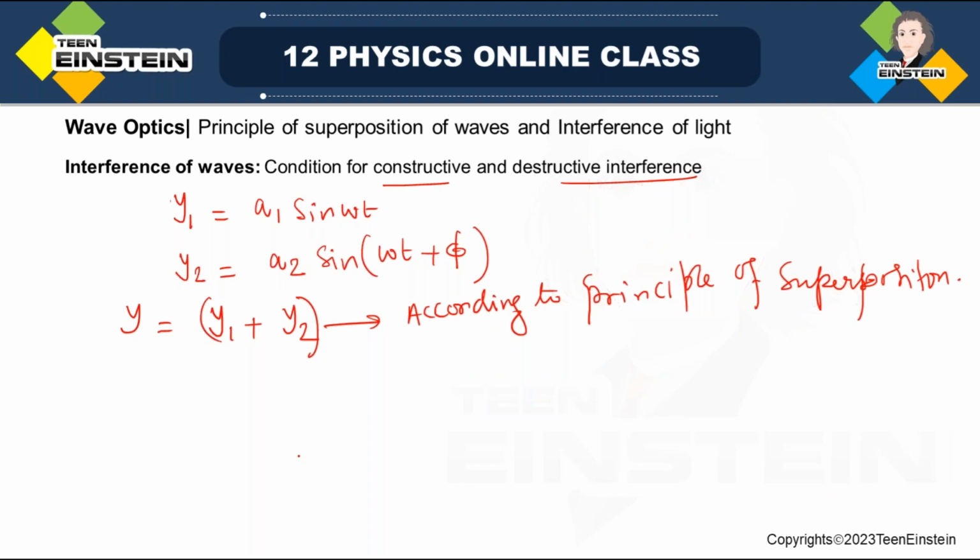Now what are y1 and y2? y equals a1 sine omega t plus a2 sine (omega t plus phi).